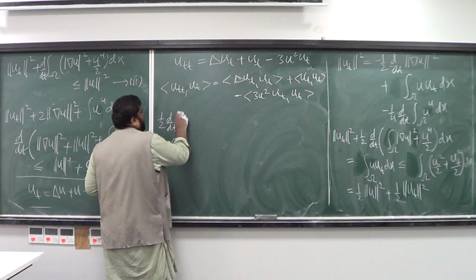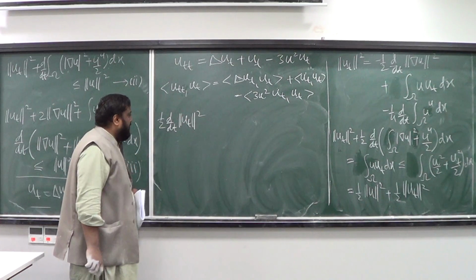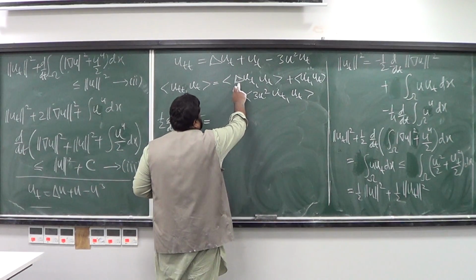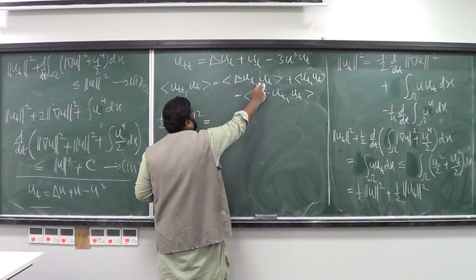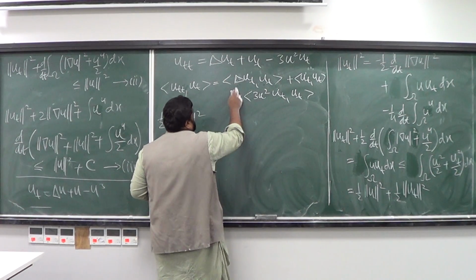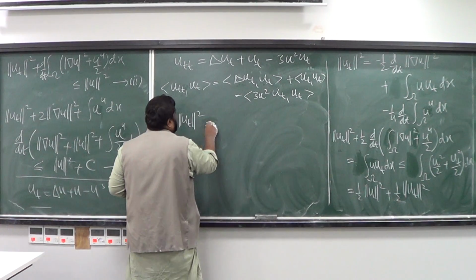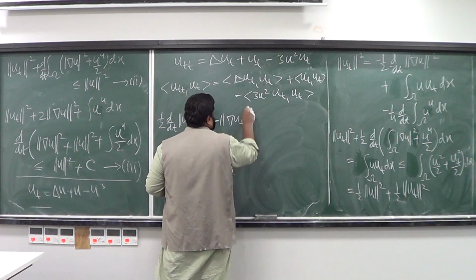So I can say this is going to be the norm of ut square. This will become the gradient minus gradient ut. So this is going to be minus the norm of gradient ut square. So this term will become the gradient of ut square.